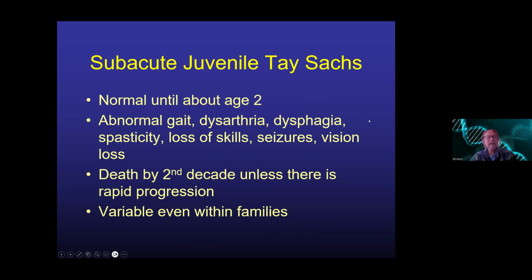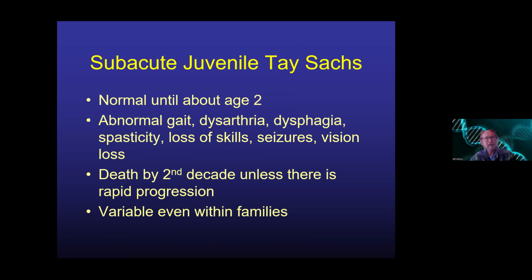Subacute juvenile Tay-Sachs, they're normal until about age 2 and then develop abnormal gait and dysarthria, spasticity, and lose skills. They may develop seizures and vision loss as well. And they will die by the second decade unless it's a rapidly progressive case. And that's sort of, I think, a theme in a lot of CNS diseases.